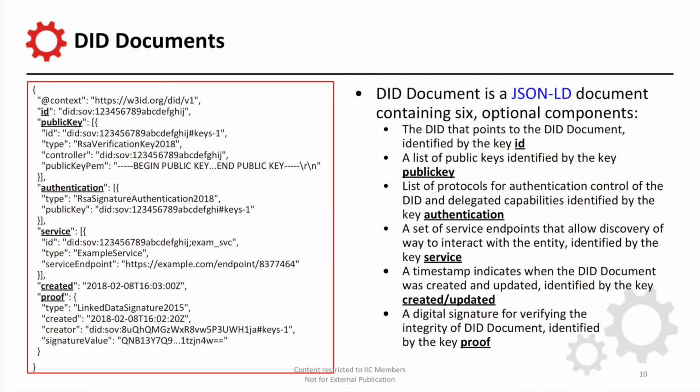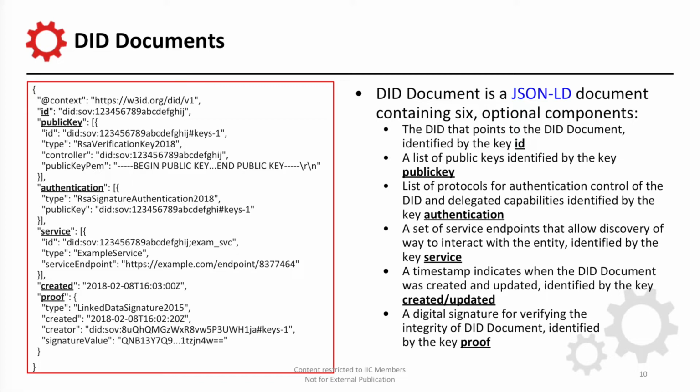Okay, these documents you may not be so familiar with, but as many people in the IoT world, you have been using the JSON format for a lot of your applications, right? This DID document is basically a JSON-LD document. If you are not familiar with JSON-LD, it's a JSON document with linked data.